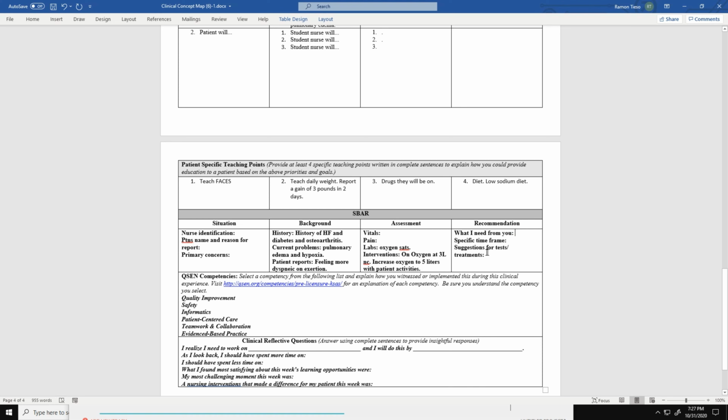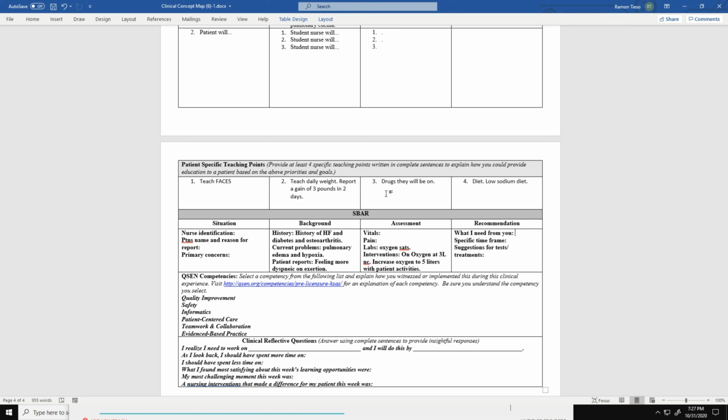If you're calling the doctor, you'll say what you were trying to get. A specific time frame. Like let's say that you did have a problem here, and you were calling the doctor, and let's say this patient had an increase in edema, even though they've been getting 20 milligrams of Lasix.